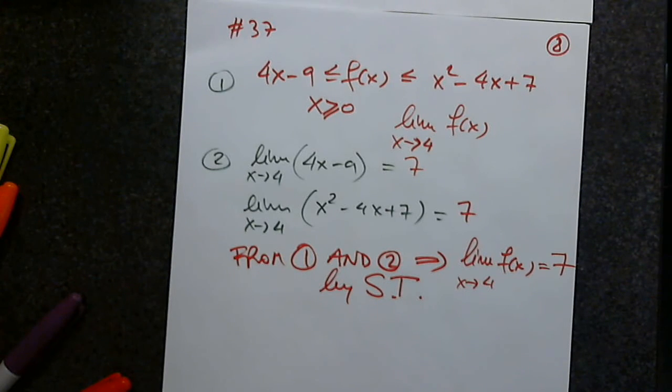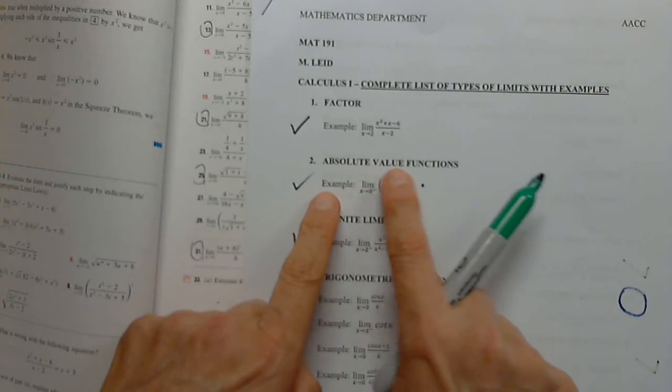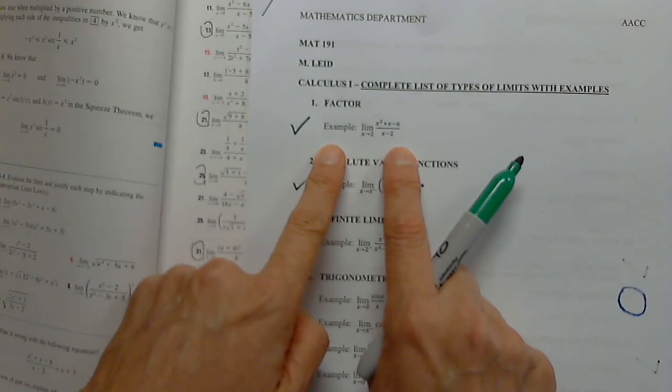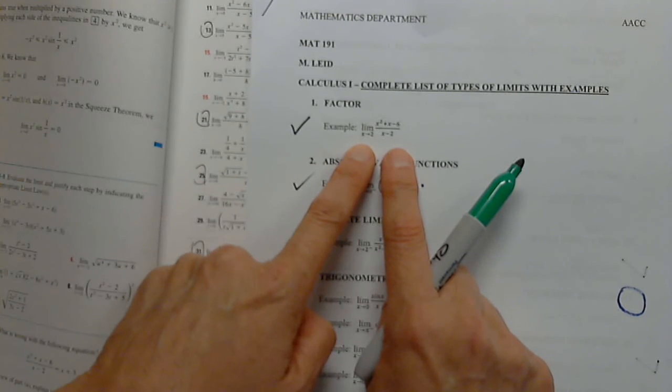Okay, so I would like you to choose now an absolute value limit, and then we can say that this is done. So choose anything from here because I picked these absolute value functions. Here, this is very clear, right? You're going to factor, and you're going to eliminate, in this case, which factor, hopefully?